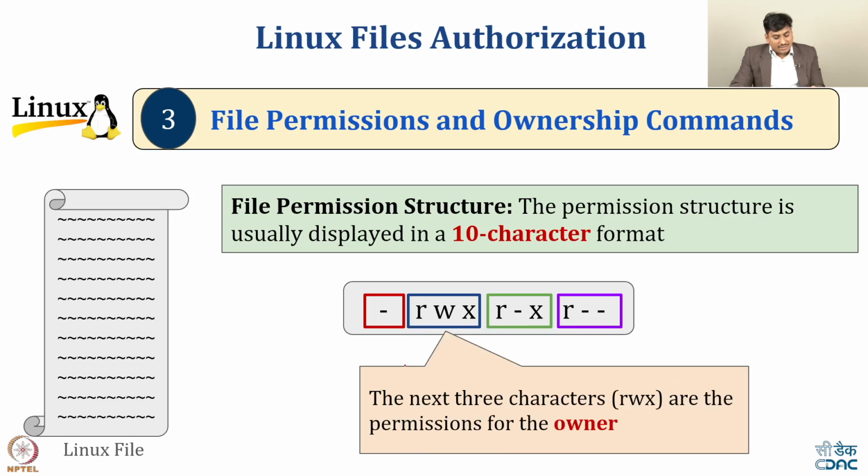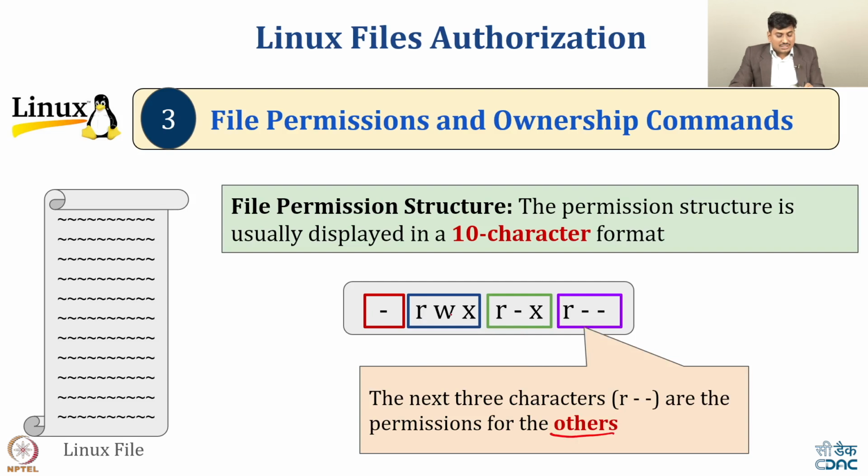The next three characters are associated with the owner of that file. The next three characters are associated with the group permissions for that file, right. And the next three characters are associated with the permissions for others.